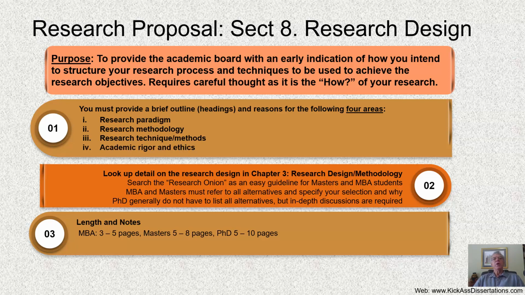And then lastly, you have to confirm, as the 4th heading, how you're going to ensure academic rigor, and also how you will comply with the strict research ethics put forward by your institution. So those are the 4 main areas that you need to cover when you develop your research design.